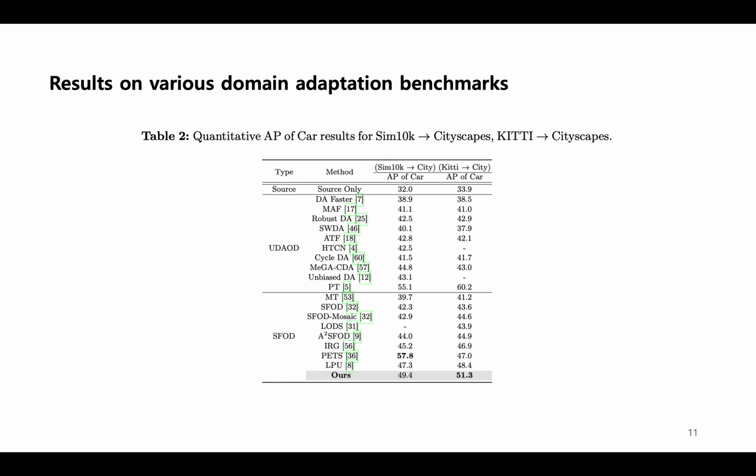We also performed experiments on Sim10K to Cityscapes and KITTI to Cityscapes. On Sim10K to Cityscapes, we had the mAP of 49.4 on the car, and we had the AP of 51.3 on the car at KITTI to Cityscapes.